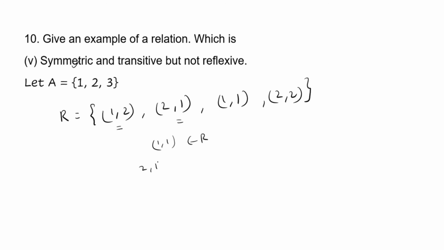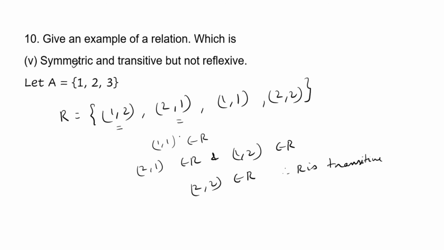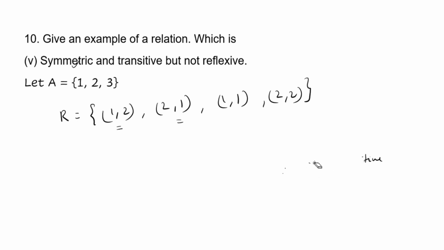Or if we take it this way also, if (2, 1) belongs to R and (1, 2) belongs to R, we have (2, 2) belongs to R. So therefore R is transitive. But it is not reflexive. If it has to be reflexive, then we need to have (1, 1), (2, 2) and (3, 3). So this is an example of a relation which is symmetric and transitive but not reflexive.